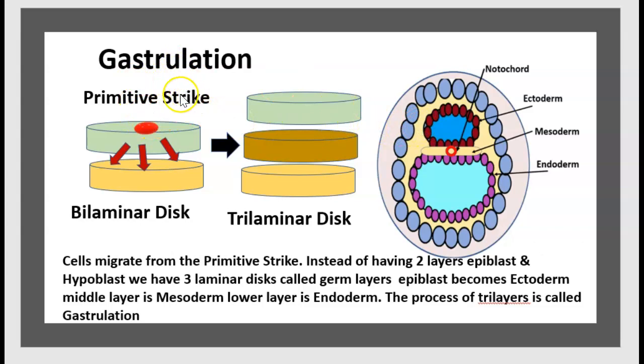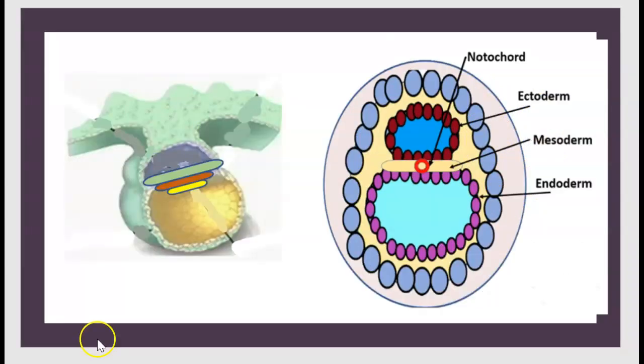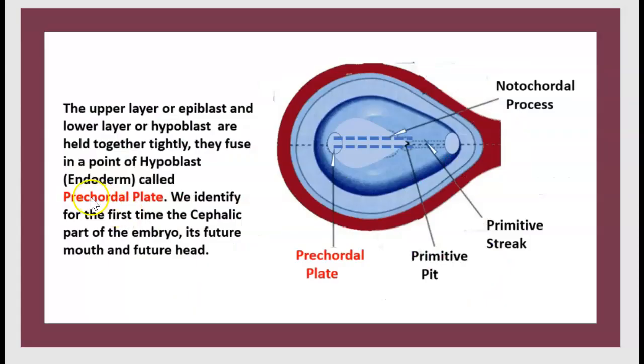The primitive streak appears, and there is ectoderm, mesoderm, and endoderm. Ectoderm, mesoderm, endoderm, and notochord. The prochordal plate will identify for the first time the cephalic part of the embryo, its future mouth and future head.